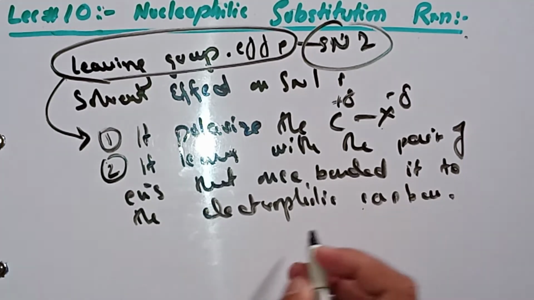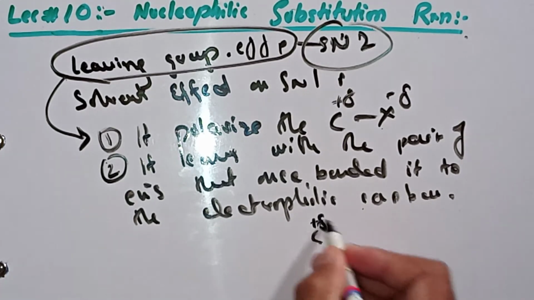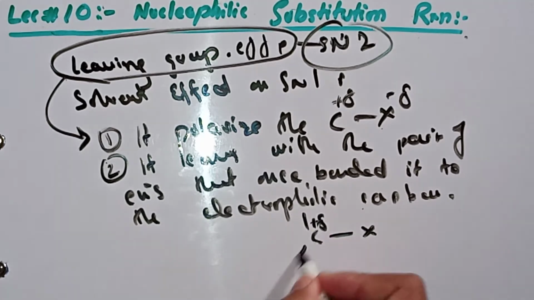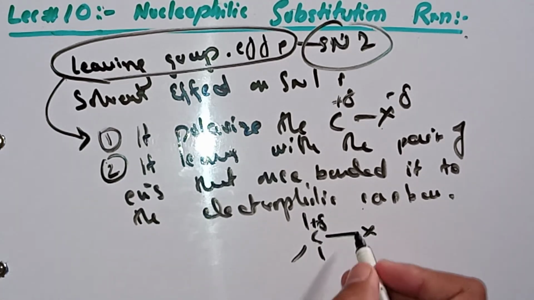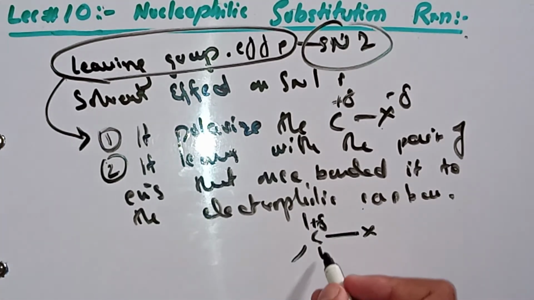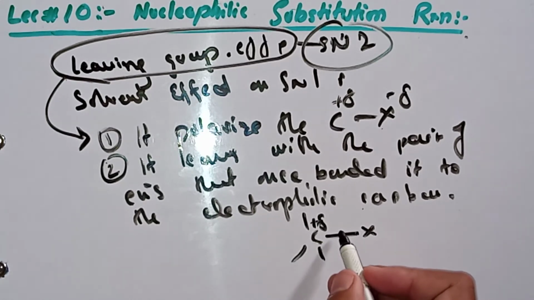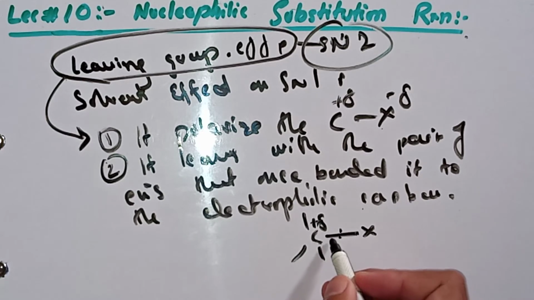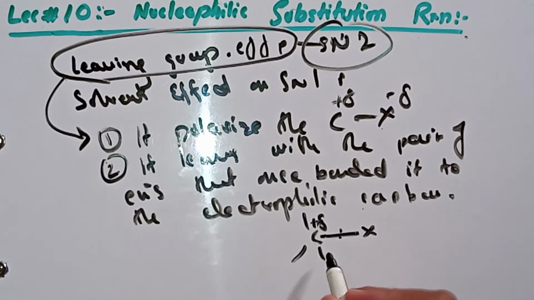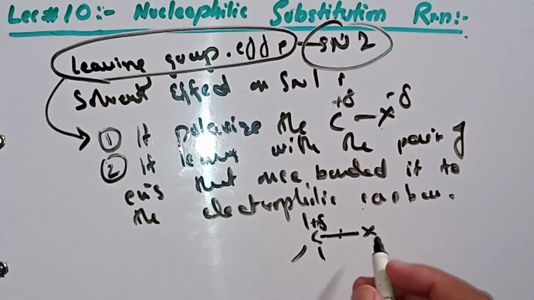Here is the electrophilic carbon, bonded with the halide ion. We know that each bond contains two electrons, shared covalently by both these atoms.